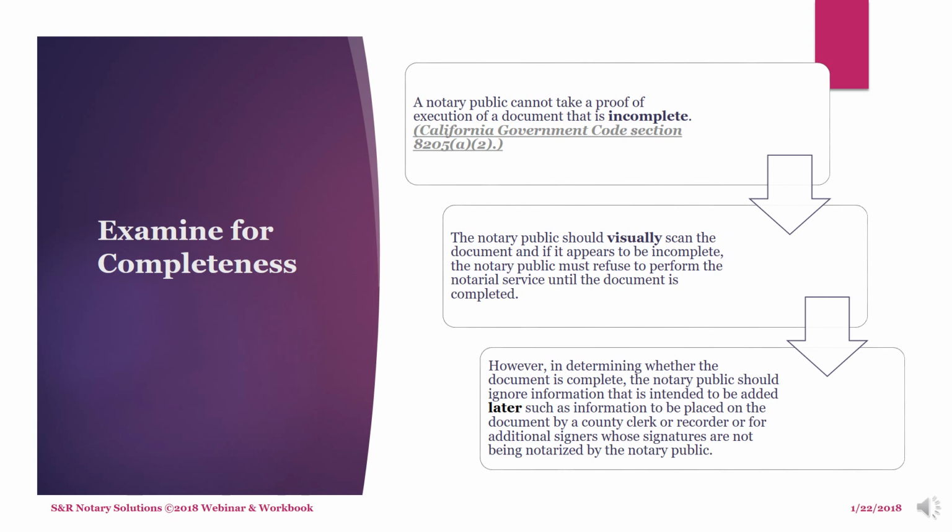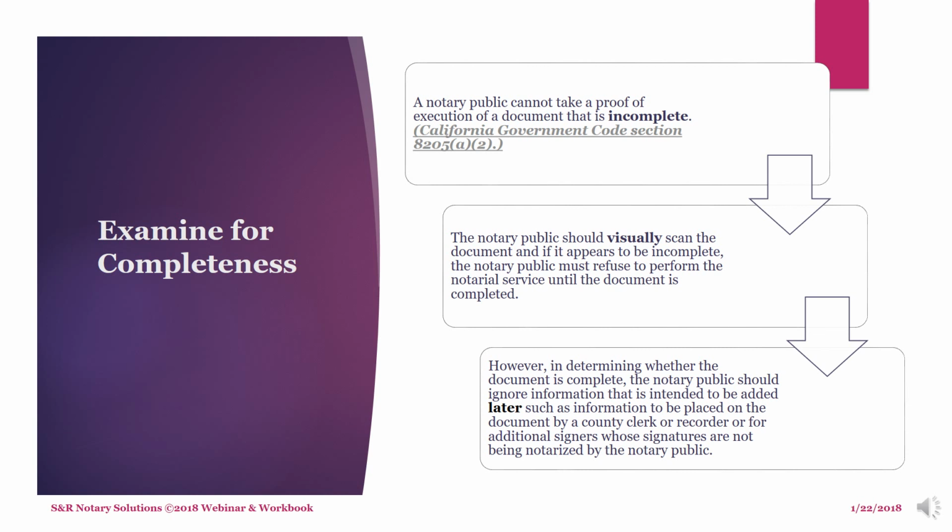We must always examine for completeness on any document that we are notarizing. A notary public cannot take a proof of execution of a document that is incomplete. The notary public should visually scan the document, and if it appears to be incomplete, the notary public must refuse to perform the notarial service until the document has been completed.